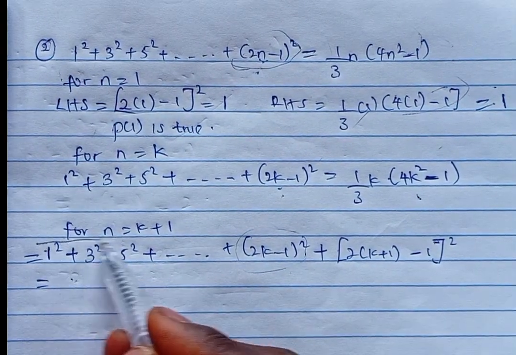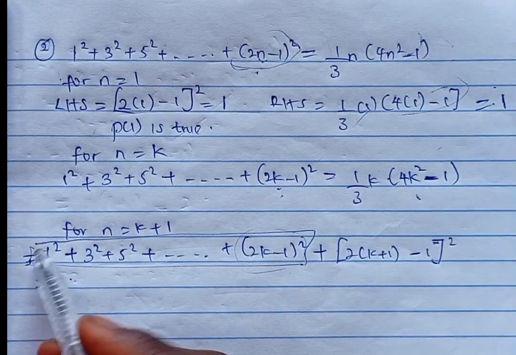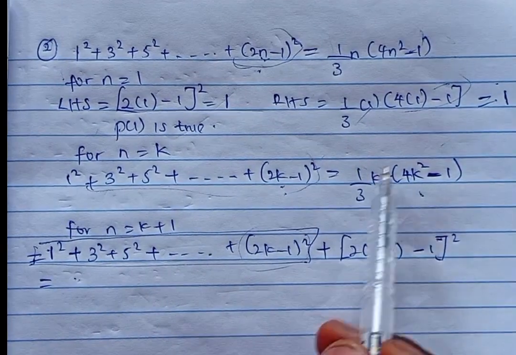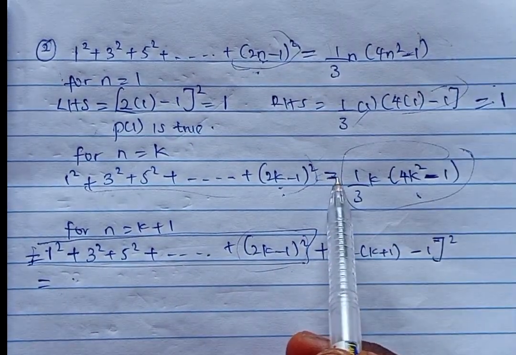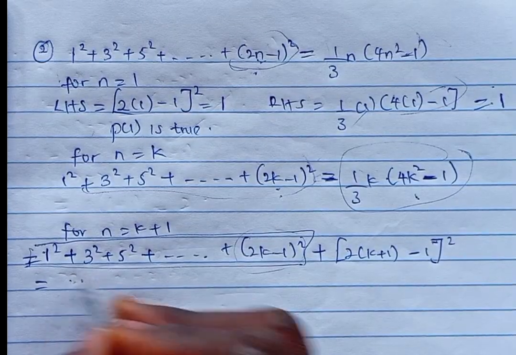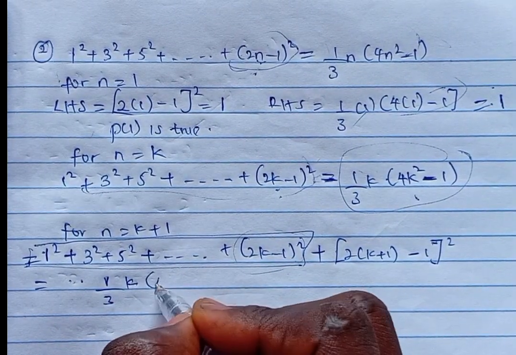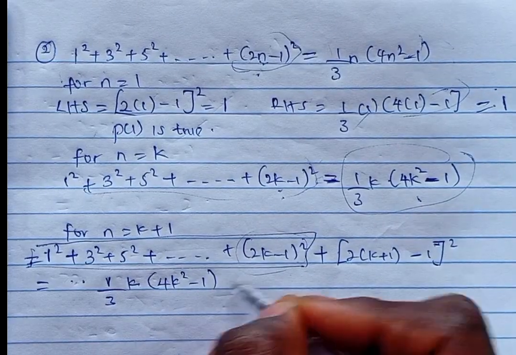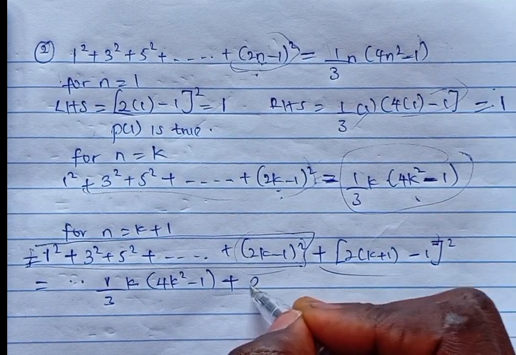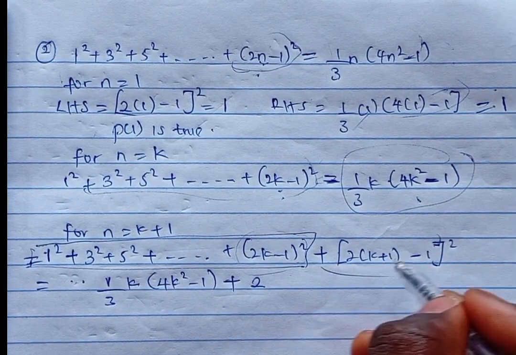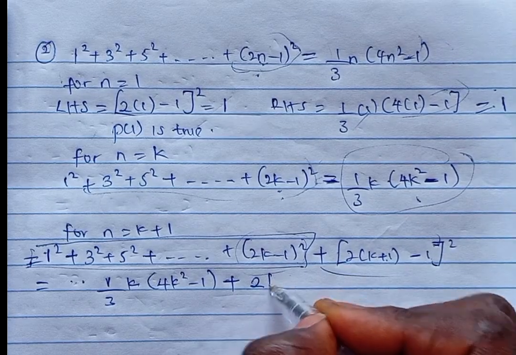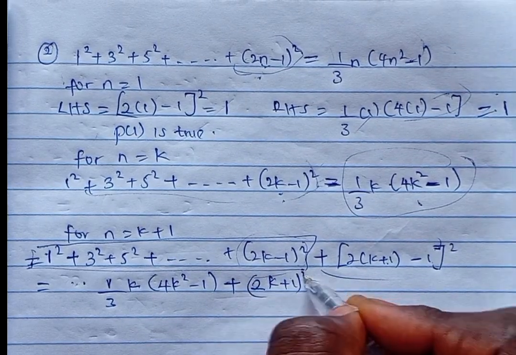And don't forget that this one can be represented by 1 over 3 k into 4k squared minus 1, because we say it is equal. So you can now say everything here is 1 over 3 k into 4k squared minus 1 plus this one now, 2k plus 2 minus 1, that's 2k plus 1, all squared.